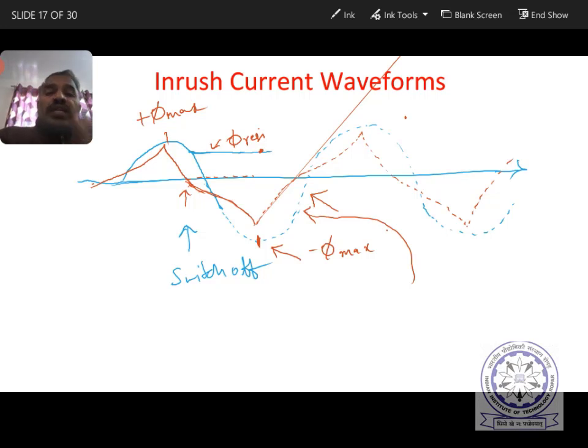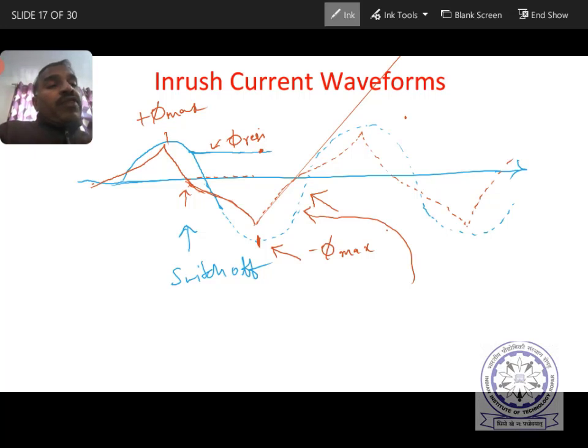From where is it currently? It is currently at phi residual. It is not at minus phi max. The flux inside the transformer is residual flux. Now from there it has to start and follow the same slope characteristics, meaning if you differentiate, the same voltage should come, whatever applied voltage is there.